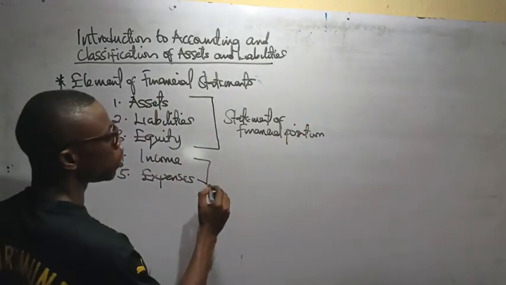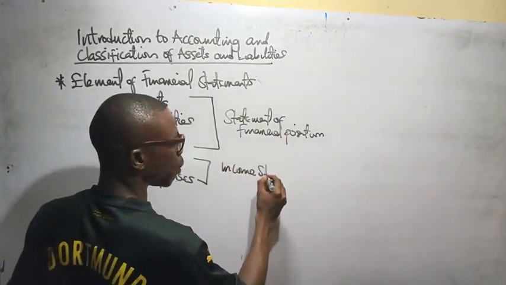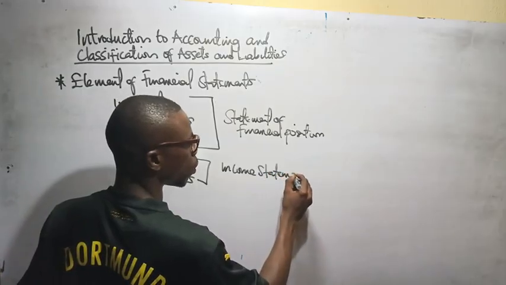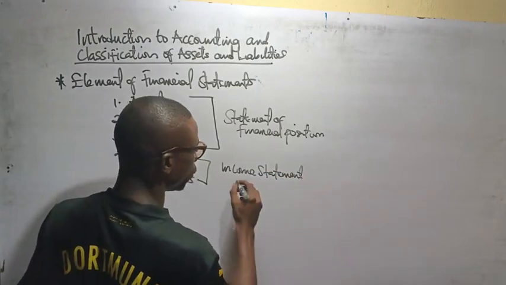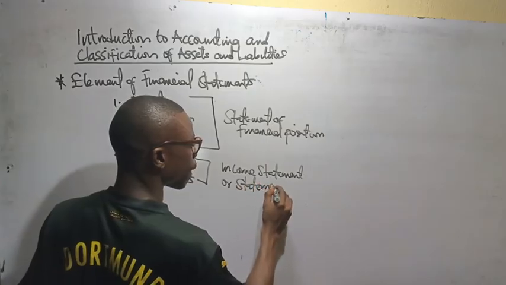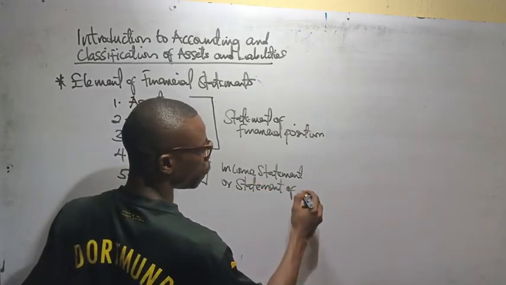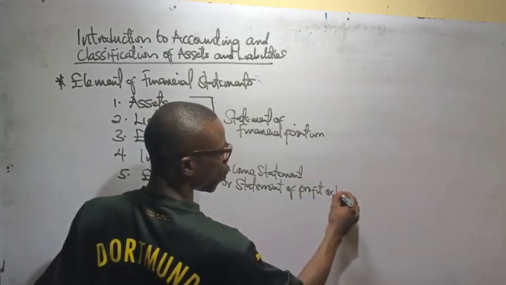While these 2, income and expenses, can be found in your income statement, which can also be referred to as statement of profit or loss.